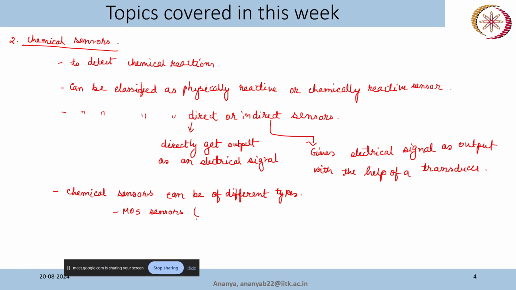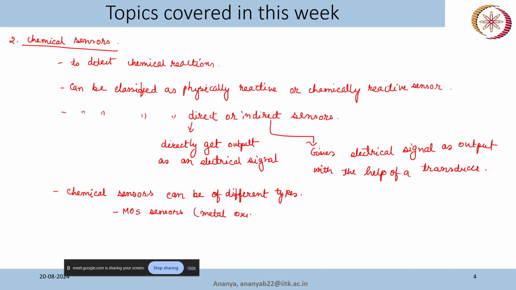So these metal oxide semiconductor based sensors are mostly used in gas sensor applications, where based on the reducing or oxidizing gas, the resistance of the sensing film will change.